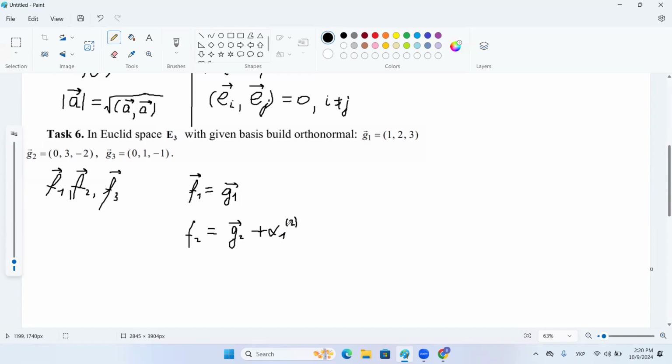So it's an upper index, not power of 2, and multiplied by f1. So our task is to find the alpha coefficient.